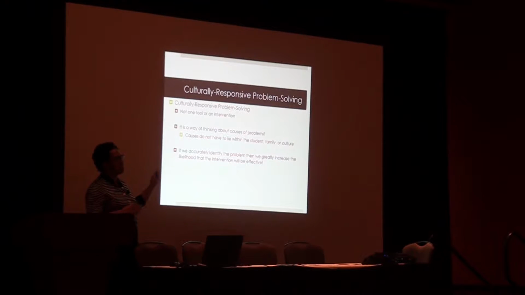The problem identification step, the first step, is the most important part of the problem solving process. Why is that? Because it drives everything else. If we're off on this piece, the process is off. The process is much less likely to work. We come up with the wrong data, we come up with the wrong intervention.